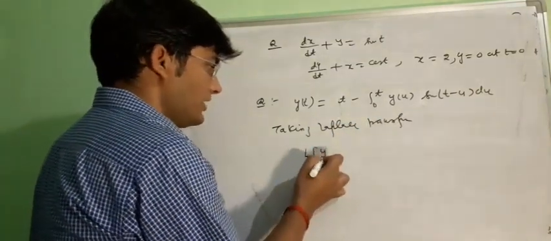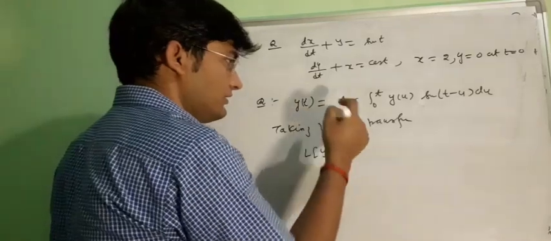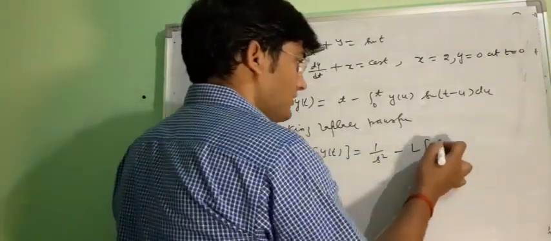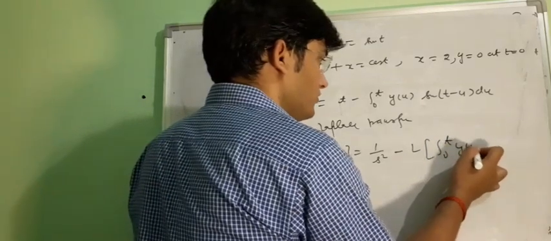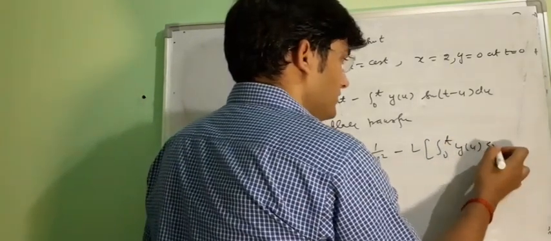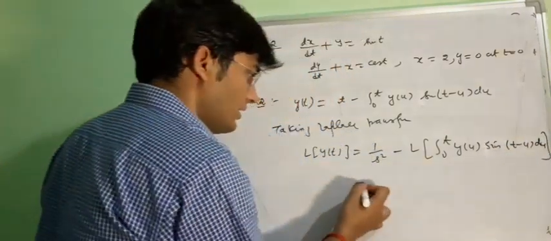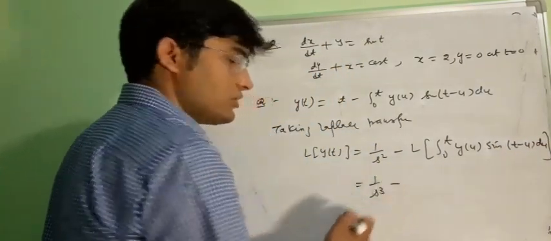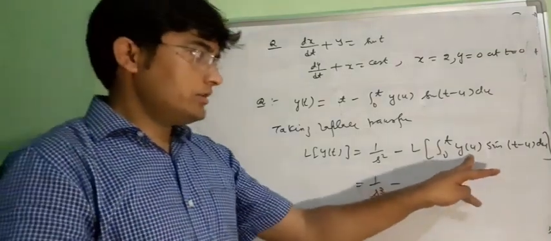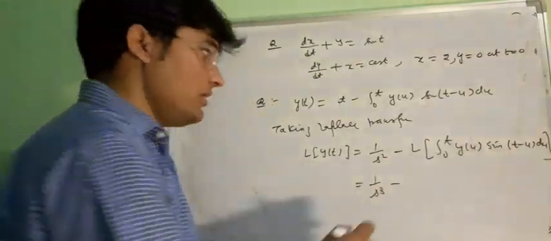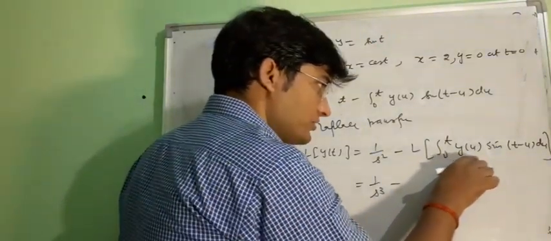So taking Laplace transformation, the Laplace of y(t) will be the Laplace of t. The Laplace of t is 1 by s square, and here we will have the Laplace of integral 0 to t y(u) sin(t minus u) du. And we know that, using the convolution theorem, the Laplace of integral 0 to t f(u) g(t minus u) du is equal to f bar(s) g bar(s).